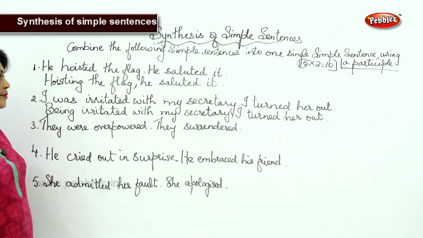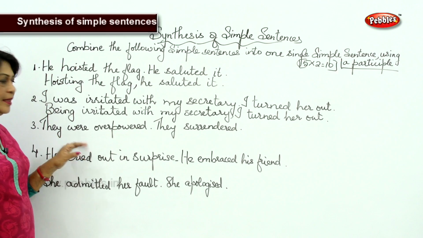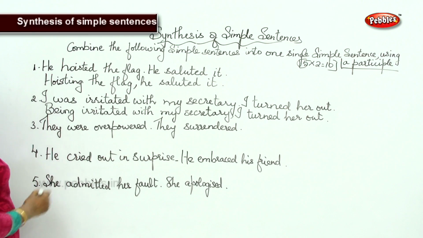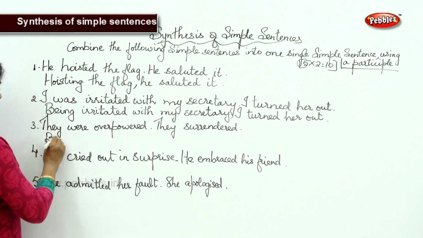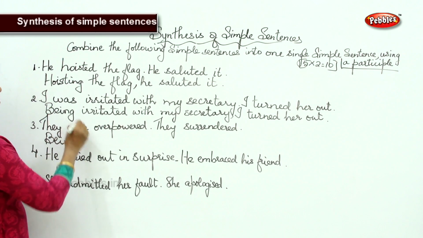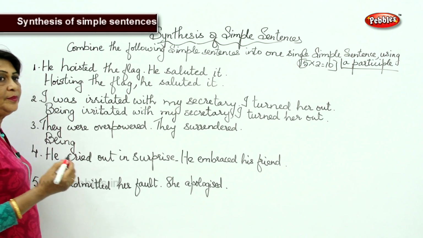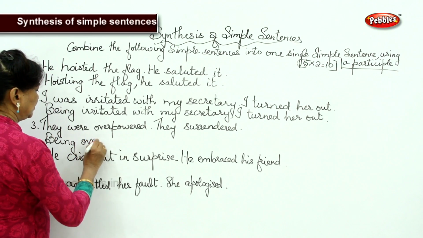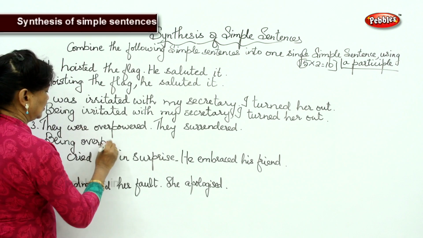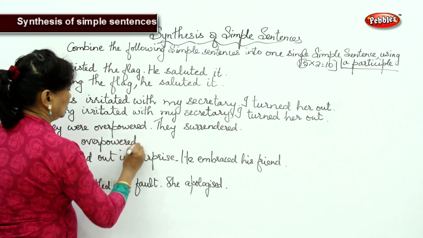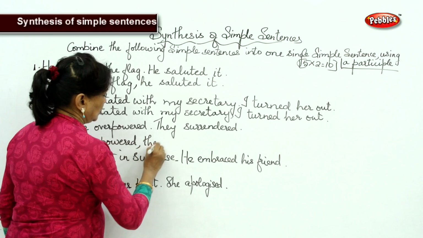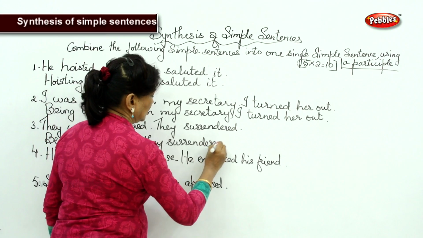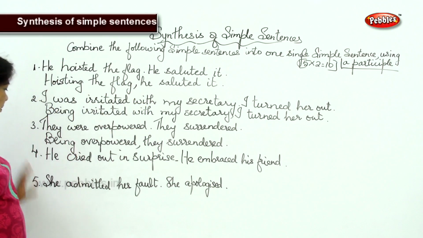Okay, is that clear? Next one. They were overpowered. They surrendered. Okay, being overpowered. This was, were and all are clues because they are be forms of verbs, so you can use being. Being overpowered, they surrendered. Okay. Next one.